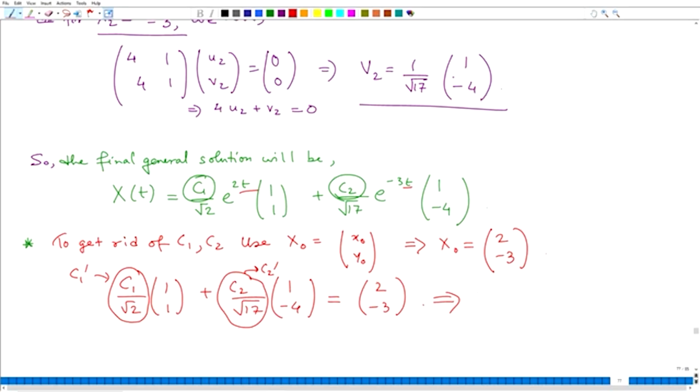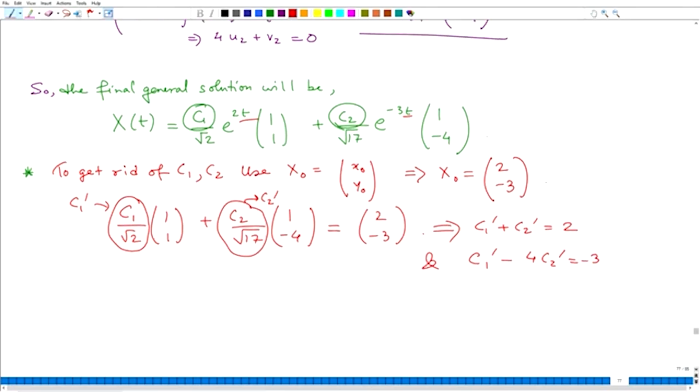One will be simply C1 prime plus C2 prime equal to 2, and another will be C1 prime minus 4 C2 prime is equal to minus 3. Just doing some algebraic manipulations in one line, you can show that C1 prime is equal to C2 prime is equal to 1.